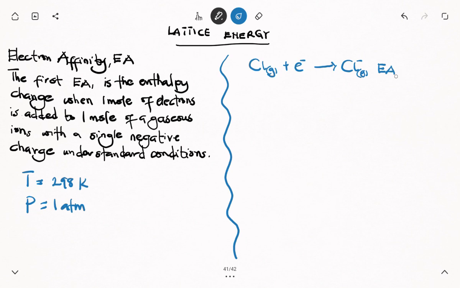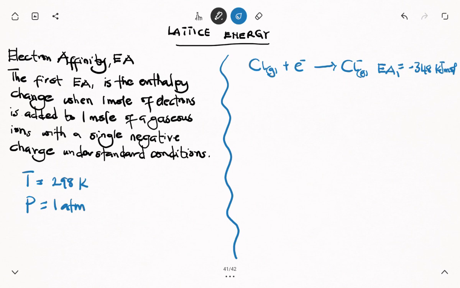In this case, we are adding the first electron, so we'll call it the first electron affinity. The specific energy involved in this is minus 348 kilojoules per mole.